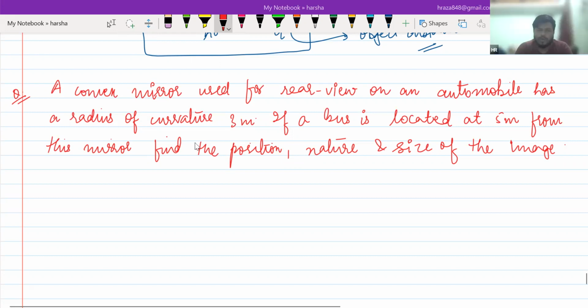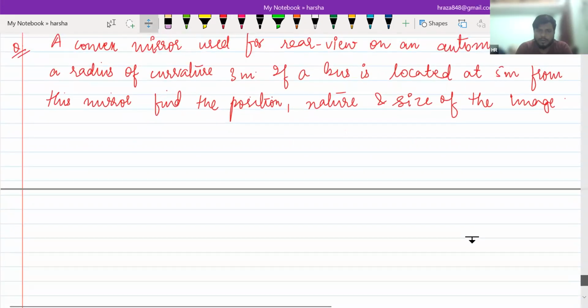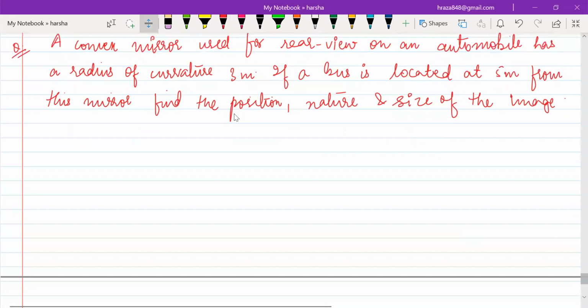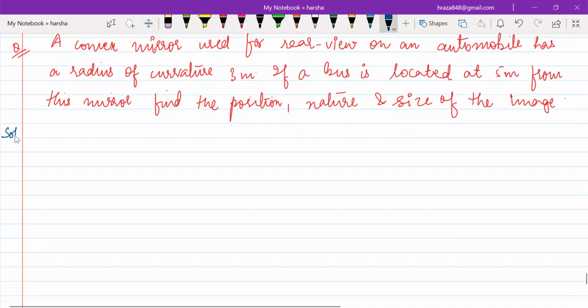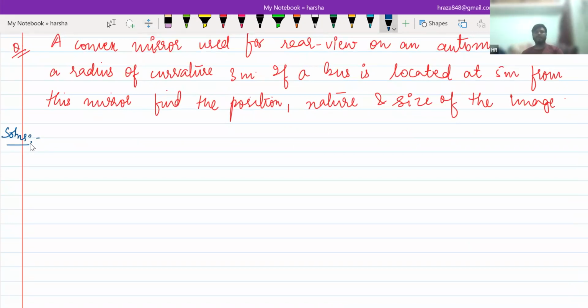What you just said about image distance, what you have calculated. I did 1 divided by V plus 1 divided by U. No. What I'm trying to ask you is what you have found out, and the position of the bus.